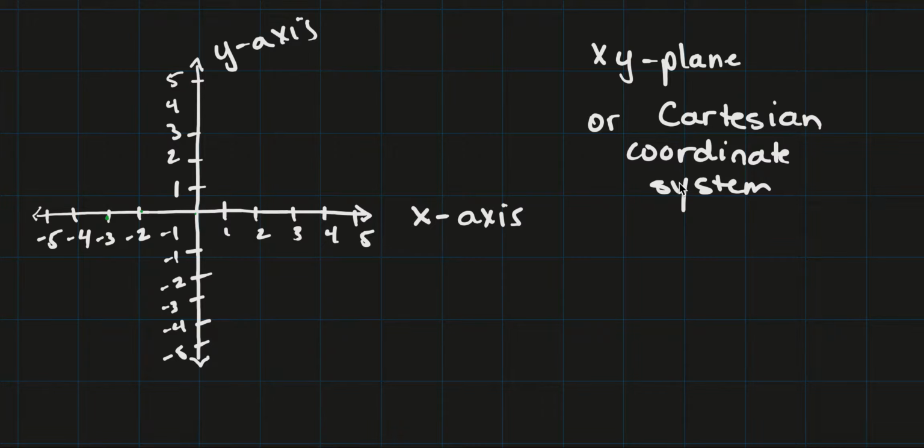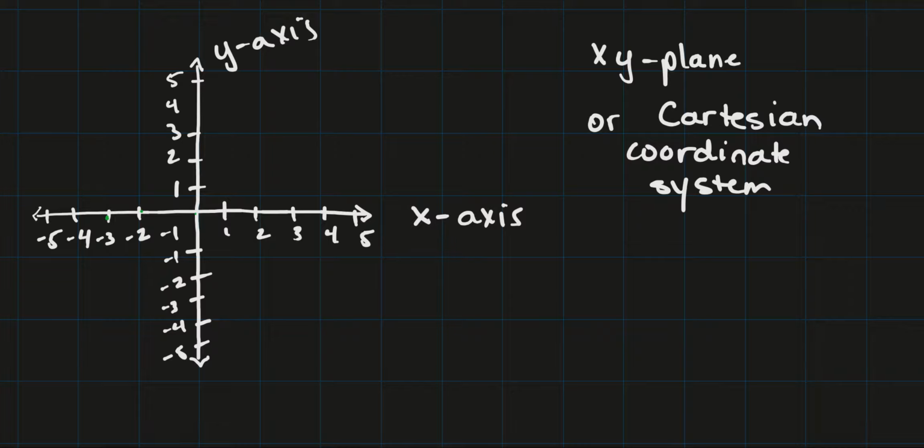It doesn't matter. So what we're going to do is first talk about how these two lines break up the plane, and we're going to talk about the positive x-axis and the negative x-axis, and the positive y-axis and the negative y-axis.